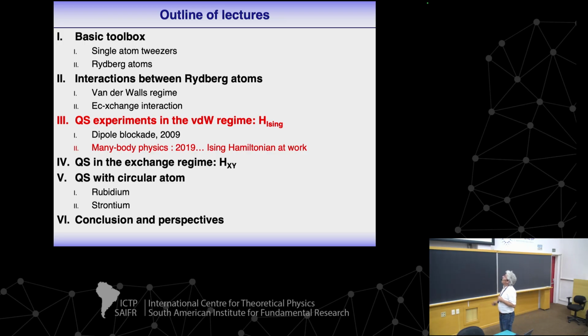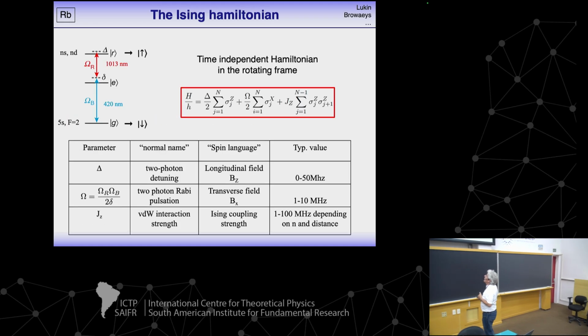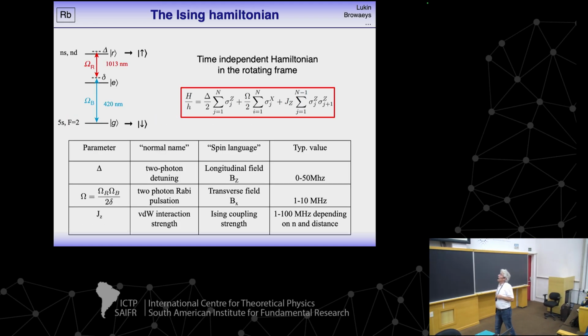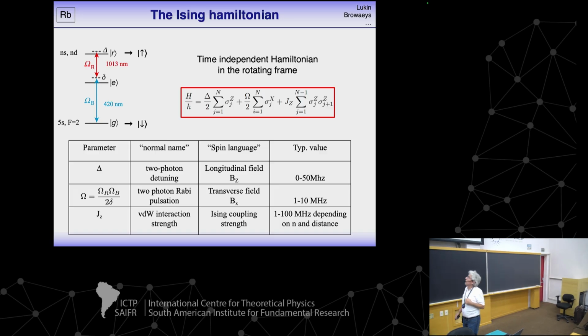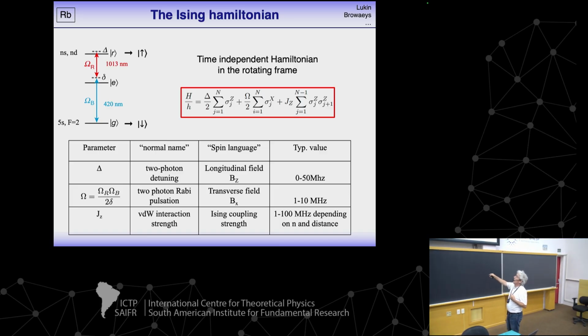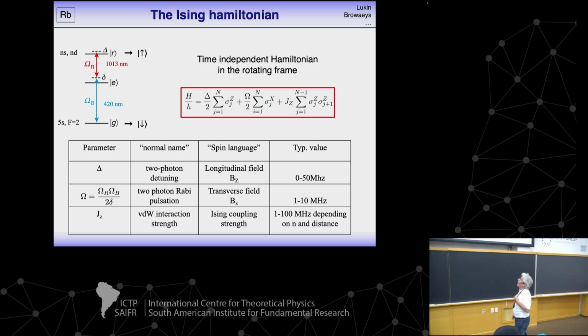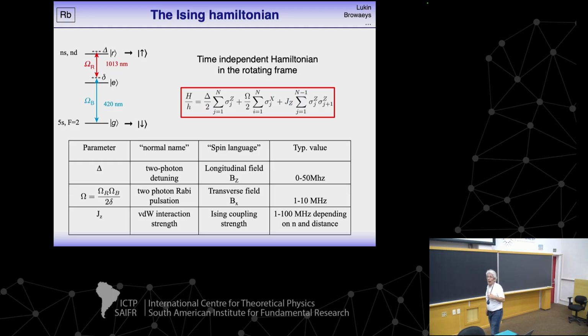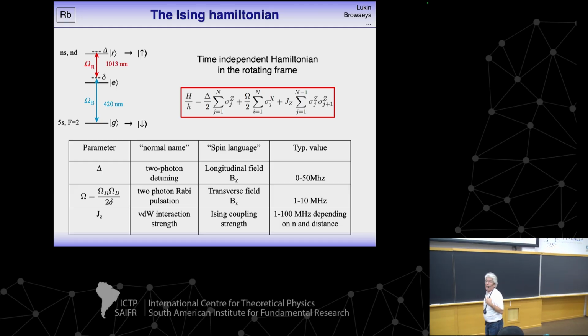And I will introduce the Ising Hamiltonian, which is the first one which was used in this kind of experiment, which corresponds to the regime where you have the van der Waals interaction between atoms and where the qubit states or the effective spin states are encoded in the ground state of the atom for one of the levels. So here for rubidium, it's the F equal 2 hyperfine level, and with optical pumping, you select one M sublevel, let's say the maximum value of M equal 2.